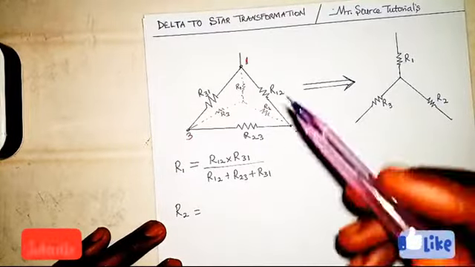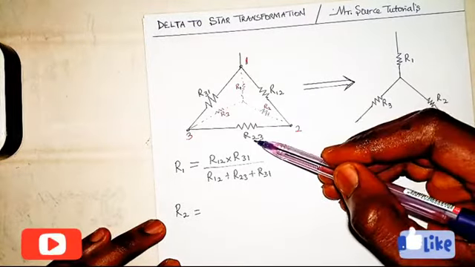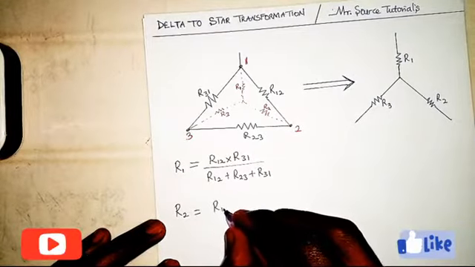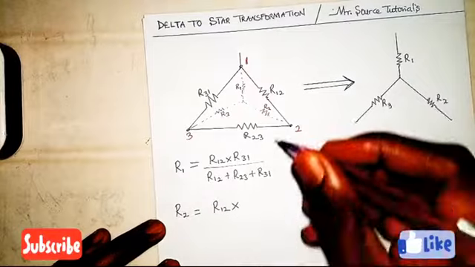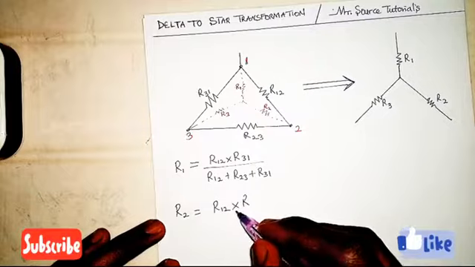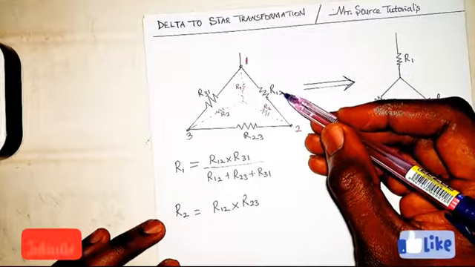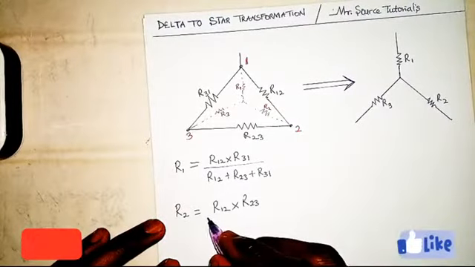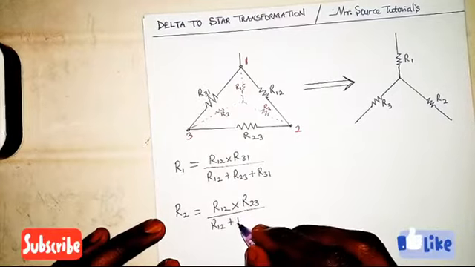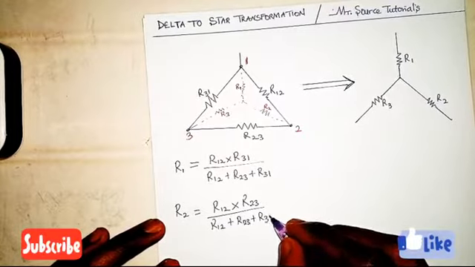Looking at R2 here, you can see that this R2 is lying between R12 and R23. So it means that our R2 will be given by R12 times R23 divided by the total sum of resistances, which are R12 plus R23 plus R31.